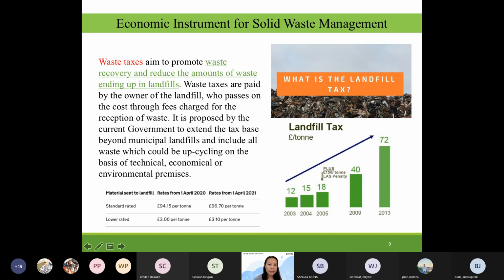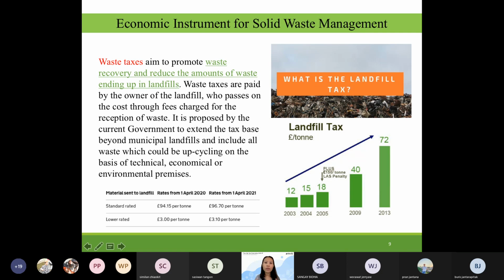For the landfill tax, you can see this is just an example of the rates from other countries, right? You can see they have different rates, like motivation to reduce the amount of waste, such as the standard rate or low rate.